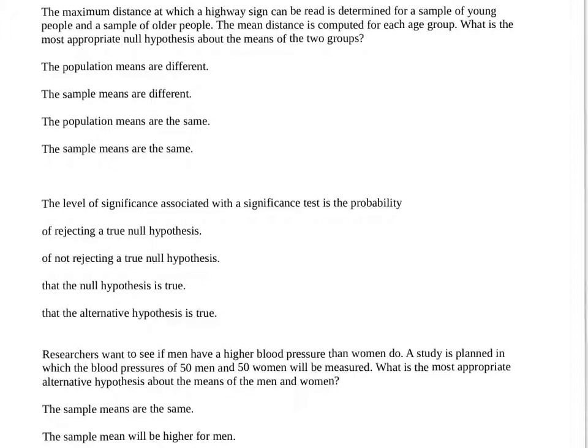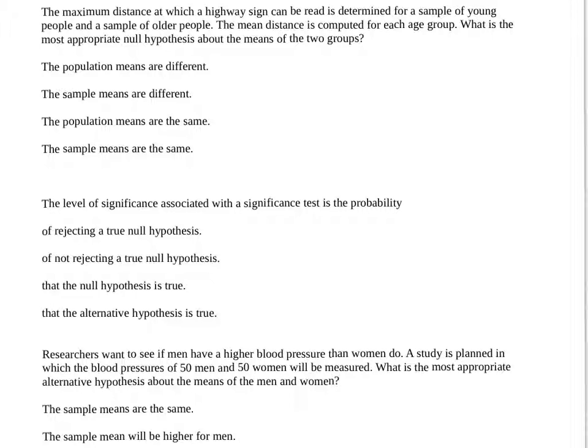Now, is that a 1% chance of not rejecting a true null hypothesis? Or is it a 1% chance of rejecting a true null hypothesis? Well, if it's that low, you're going to reject, right? That's just the way it's structured. So the correct answer here is the probability of rejecting a true null hypothesis.